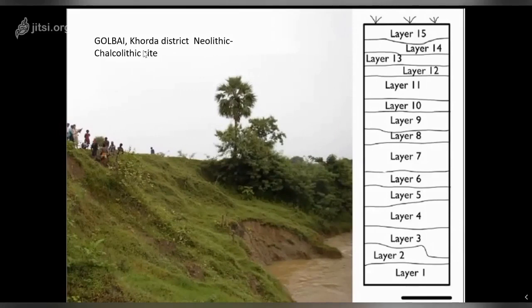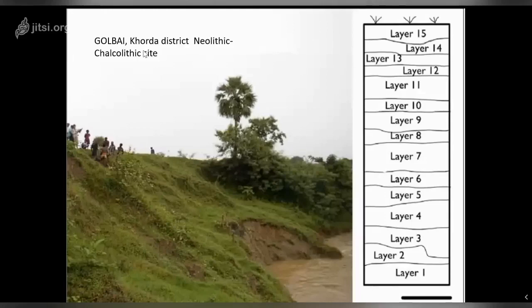They have found a lot of materials from which they are able to date it to 3,500 years BP.